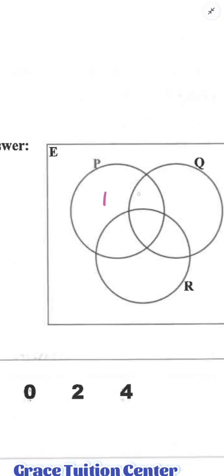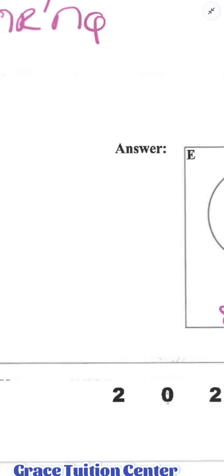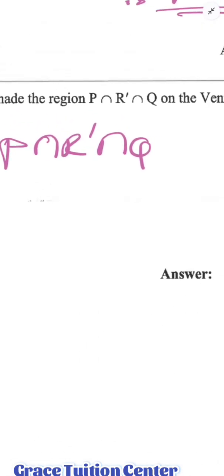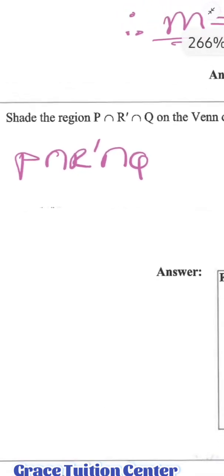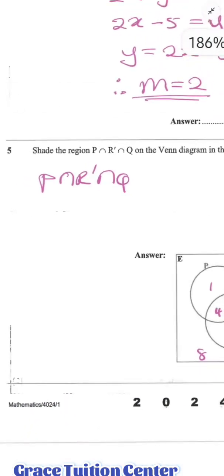Let this be 1, this 2, 3, 4 there, 5, 6, 7, then out here we put 8. Once you have put all these numbers, 1 to 8, we'll go back to our set. Forget about the shading for now. Let's just focus on the numbers.